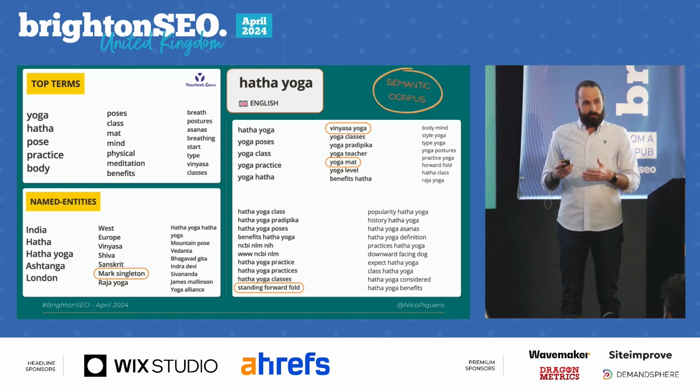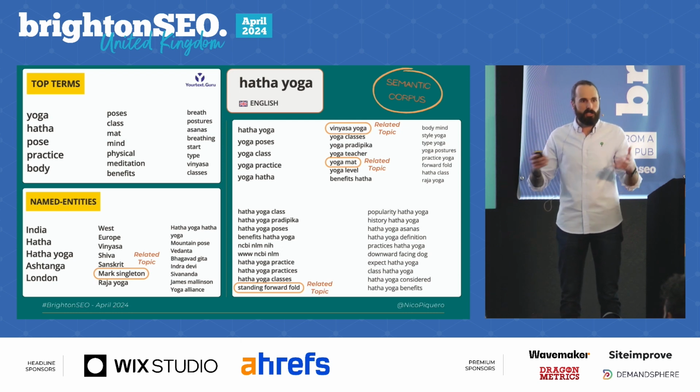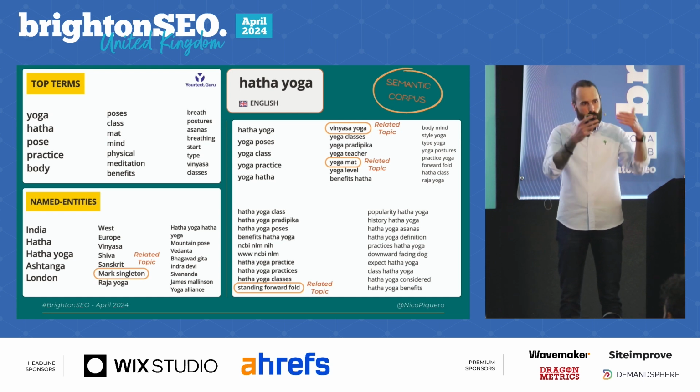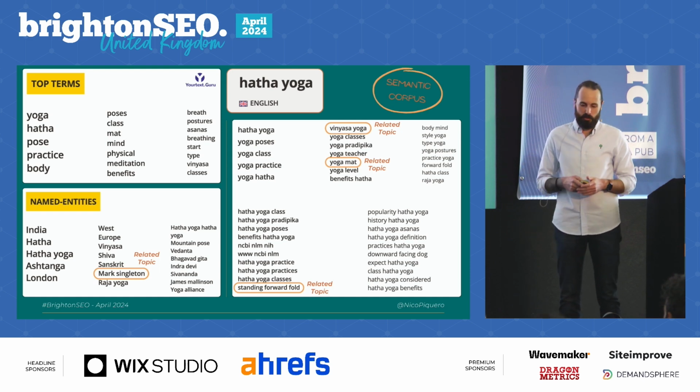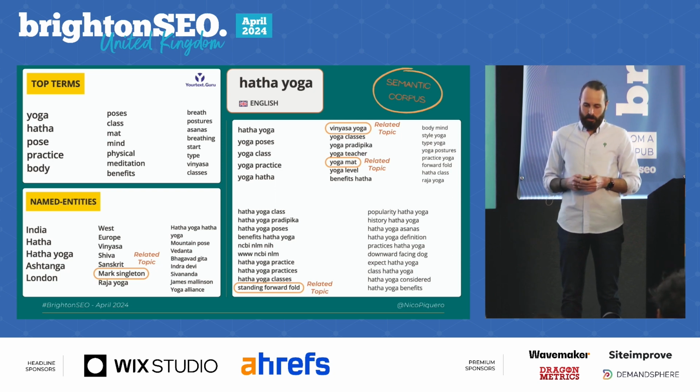And then we can use them as our related topics once again. And if we start to analyze the Vinyasa Yoga semantic corpus, we're going to find other terms to use in the copy, and potentially other content ideas.